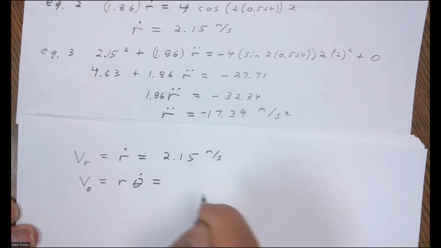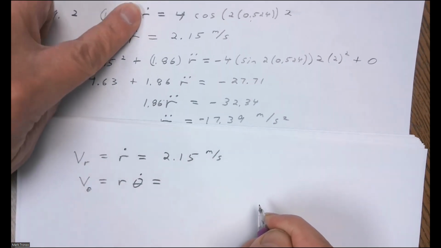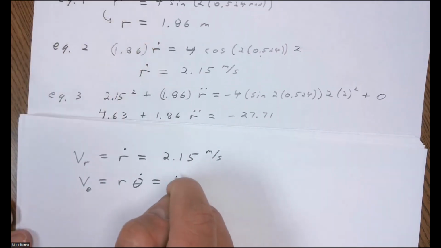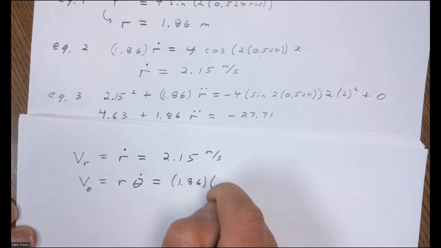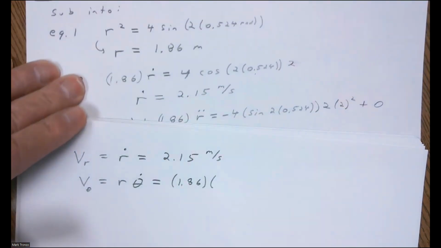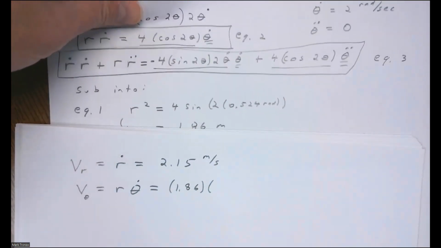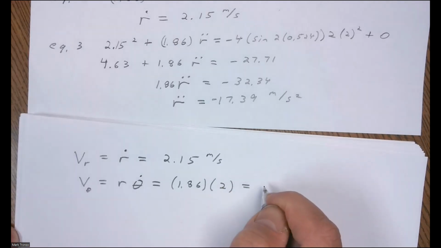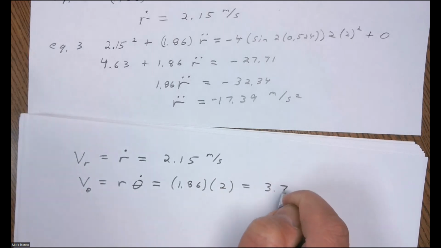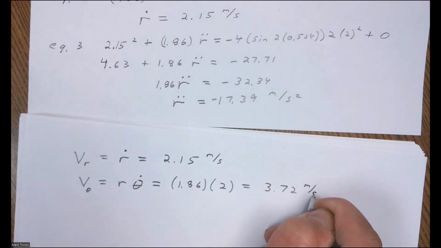Our v theta, again, these equations are all on your equation sheet. It's r times theta dot, r was up here, times our theta dot was given as 2. And that's going to be, let me put that in our calculator, about 3.72 meters per second.